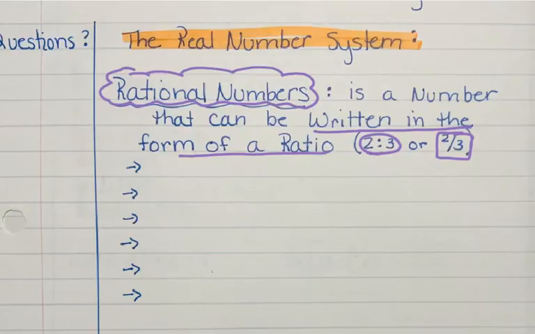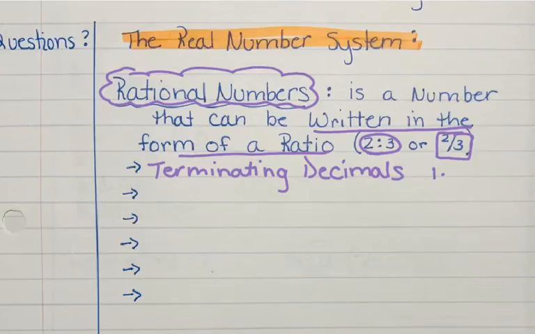Well, we have terminating decimals. Okay, those are decimals that end. So an example would be like 1 and 25/100ths.